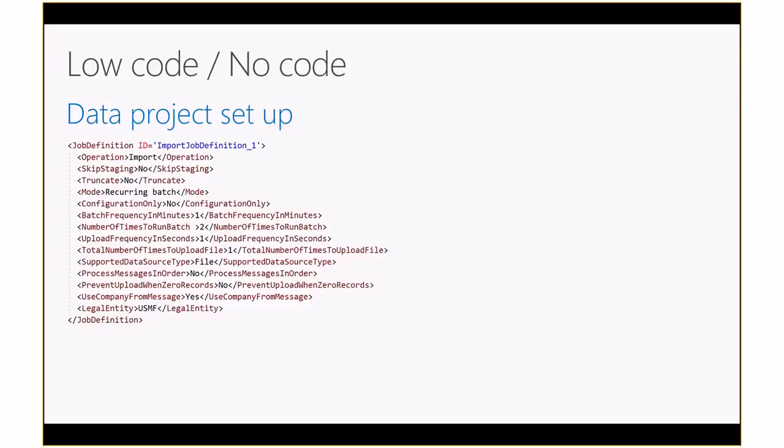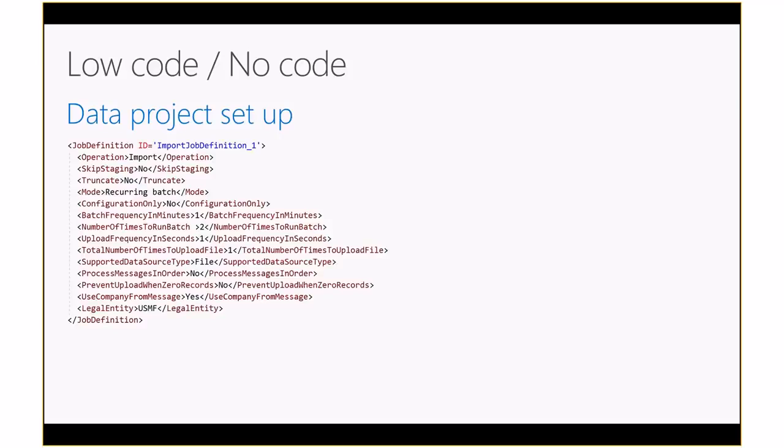It can be dialed up or dialed down, which gives quite a powerful tool at hand to quickly test these scenarios in an automated fashion. I will not go through all the elements here, but that gives an idea of how the data project setup will be done.